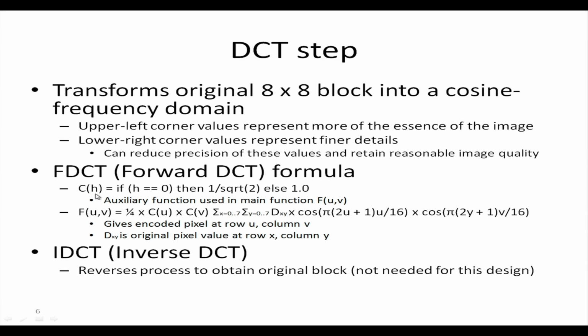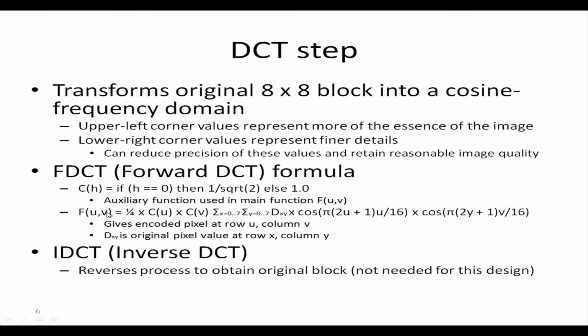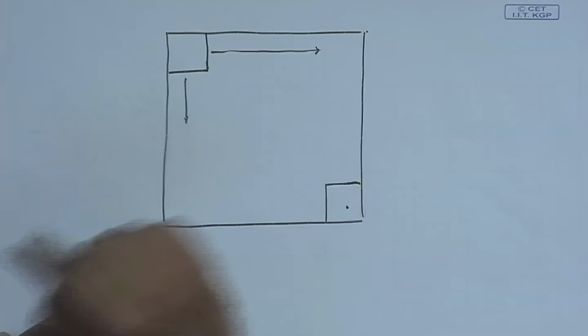Many of you might be knowing the discrete cosine transform. So, C(h) is basically a basis function. If h is 0, then C(h) becomes 1 by root 2, otherwise it is 1. Now, this function is used for F(u,v), where u and v are the 2 indices in the 2-dimensional image.